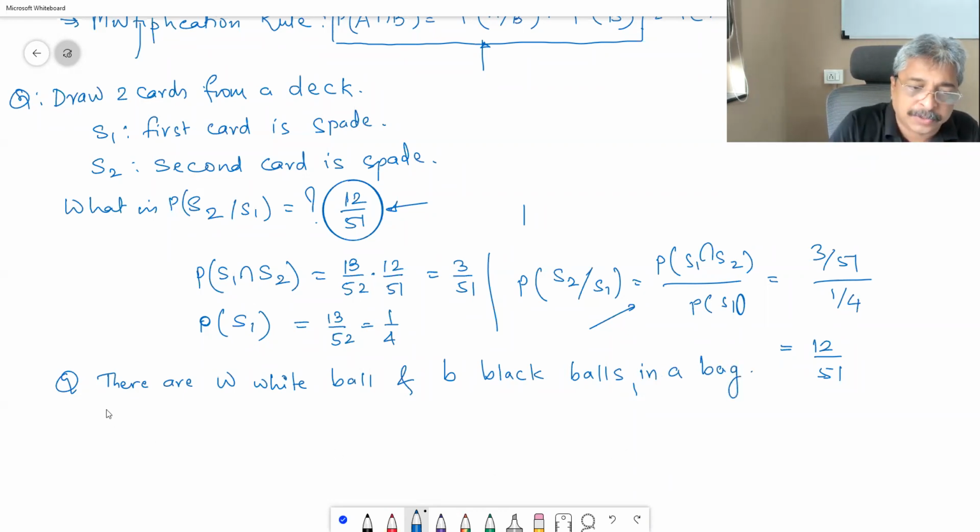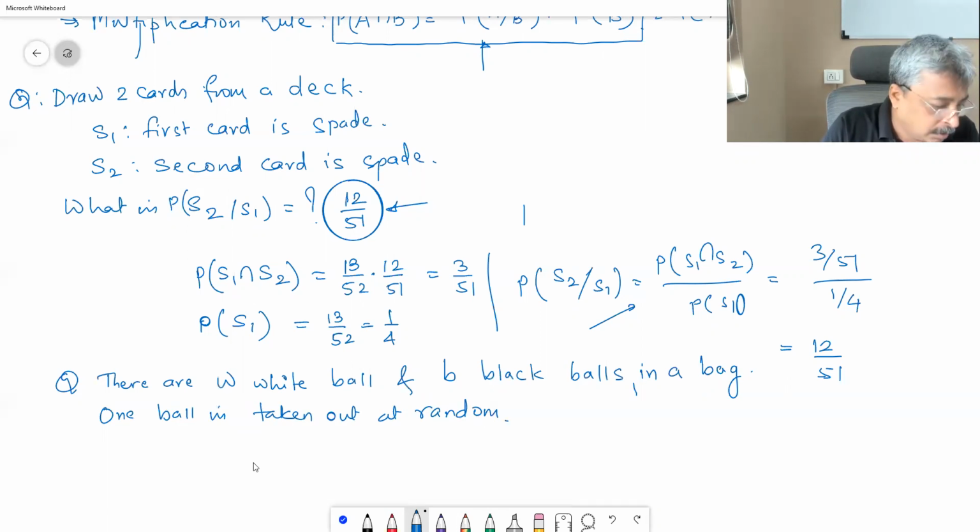One ball is taken out at random without looking at the color of that ball.